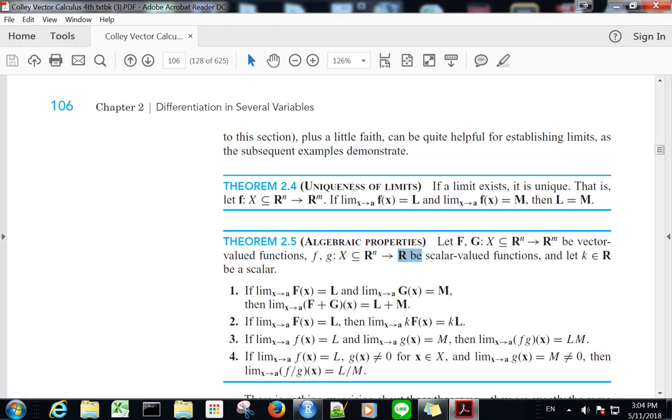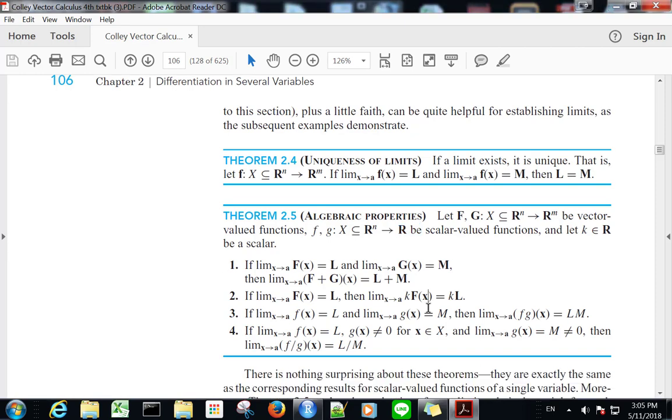We're going to use these in statements 1 through 4. The first one says that if f has limit L at A, and g has limit m at the same place A, then the limit of the new function f plus g at A is just going to be L plus m.